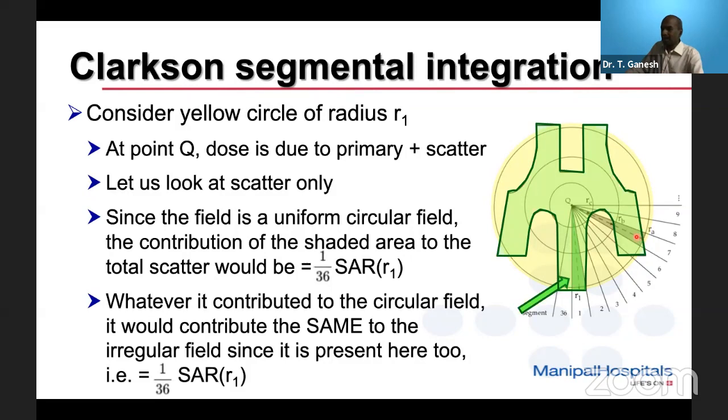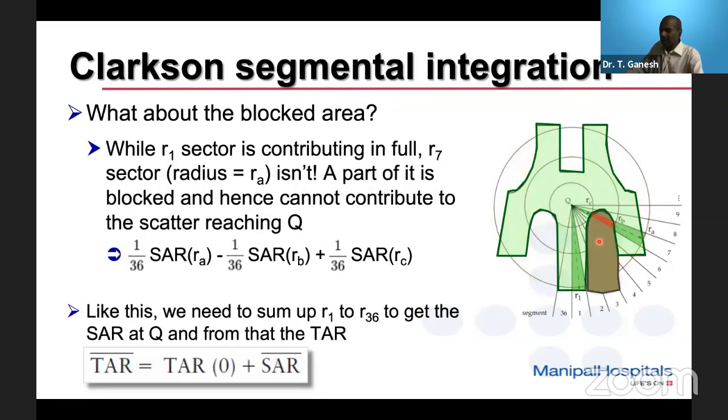What is the problem? See, this is actually lung shield. So scatter from here will reach Q, scatter from here will reach Q, but scatter from here will not reach Q. So for that, all you have to do is to first take into consideration this entire circle RA, that is the total sector.